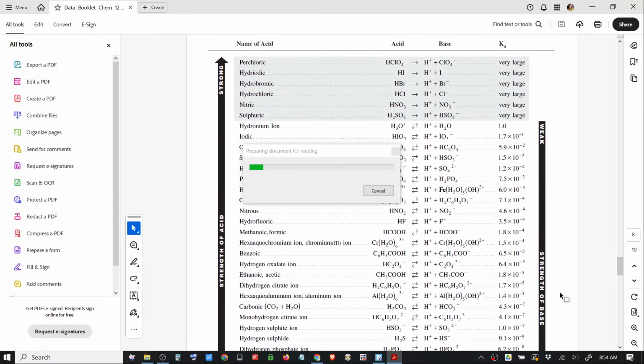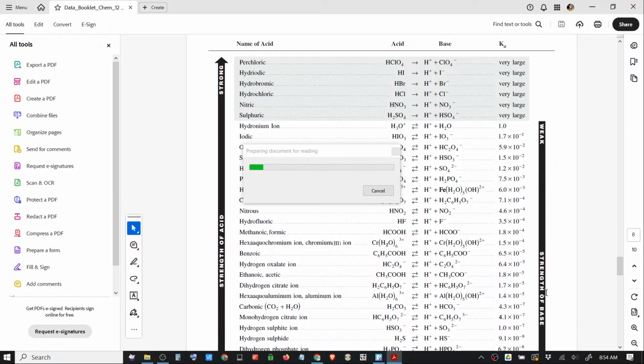Okay, page 6. I'm not going to talk too much about this because we haven't done Ka yet, but you can see it's listed in strength. Which is the stronger acid, HI or HF? Got to find HF and HI on your data table. They'll be on the left-hand side under acid. HI is very large.